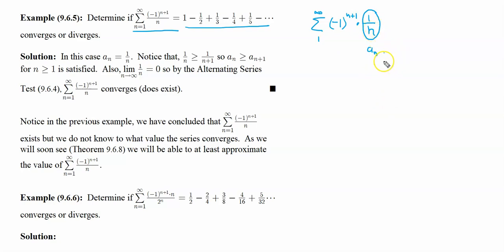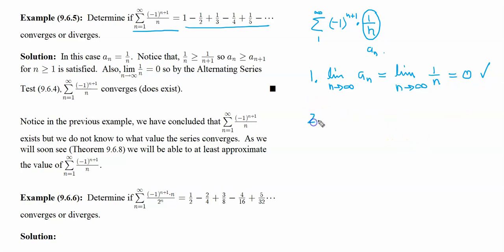So those are the a_n's. So we need to see if those two conditions of the alternating series test are met. So first of all, is it true that the limit as n goes to infinity of the a_n's is equal to 0? Well, let's see. The a_n's are the 1 over n. Well, yes, of course, that is 0. So condition 1 is met.